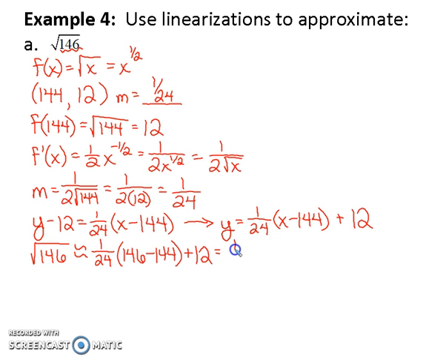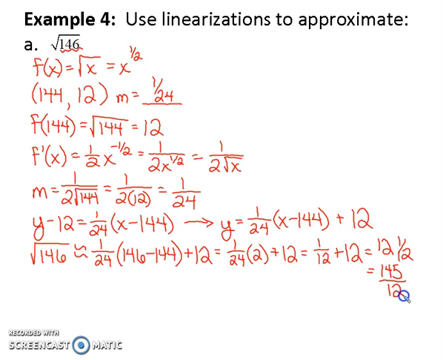So that equals 1 over 24 times 2 plus 12. So 1/12 plus 12, or 12 and 1/12. You can leave it as a mixed fraction like that if you want, or it would be 145 over 12. That should be a 12, not a 2.